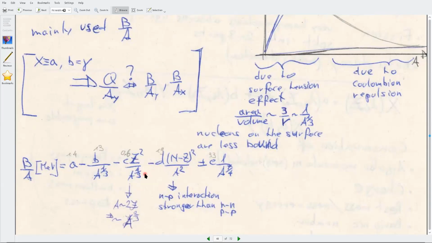Since A and Z are more or less connected at higher values, this is just going with A to the 2/3, so it has this behavior.